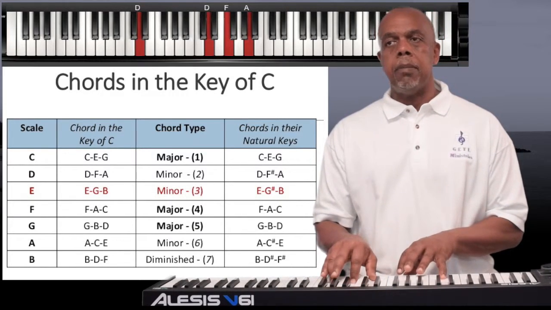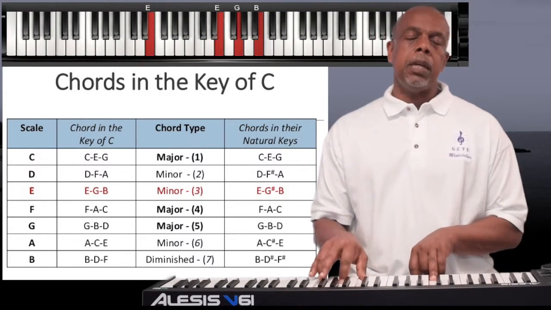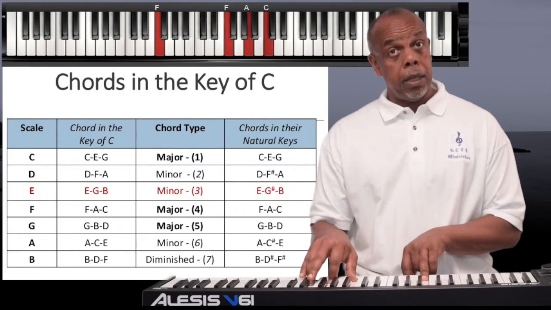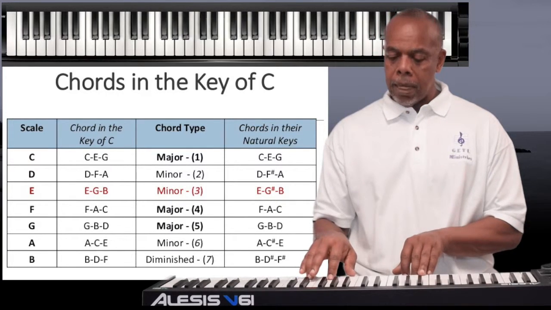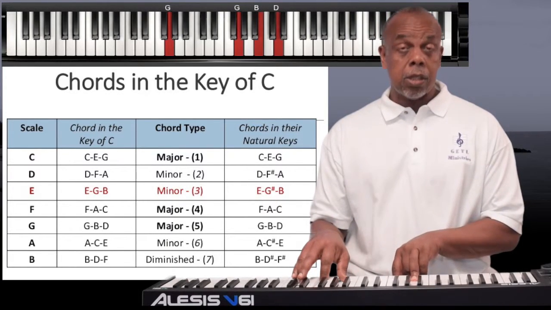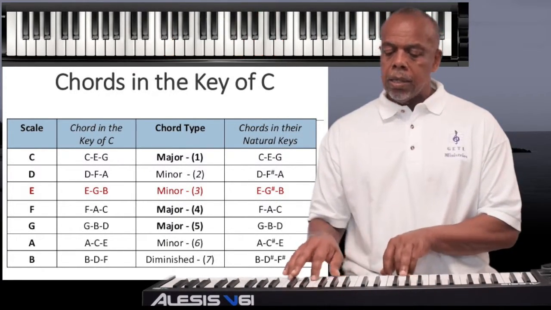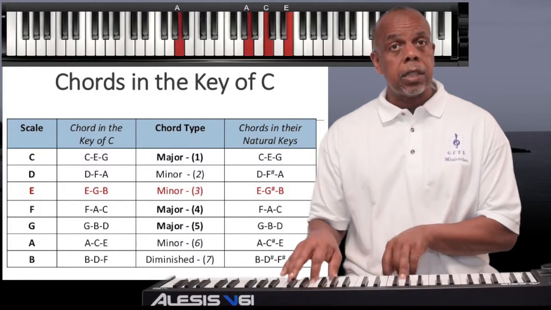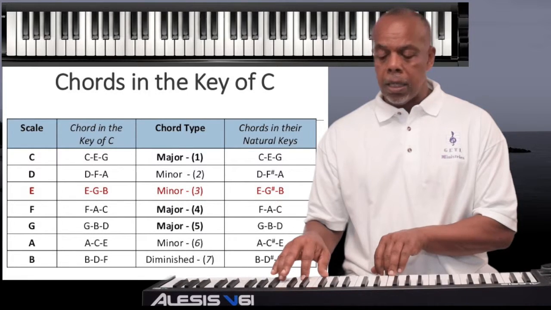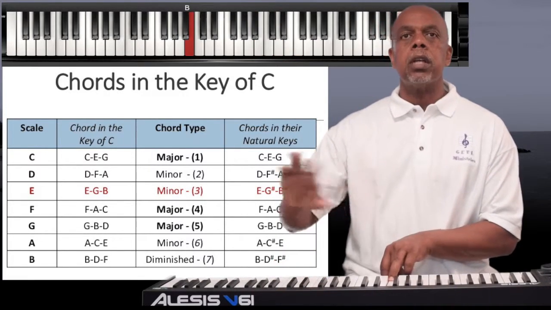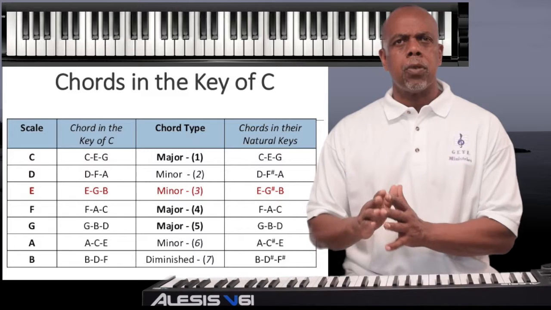D would be a D minor. E would be an E minor. The F would be a major because the 1, the 4, and the 5 are majors. So the G, which is a 5, would be a major. The A, which is a 6, would be A minor, and then the 7th, which is a diminished. We'll get into diminished on another lesson. Don't worry about it. Just take my word for it right now.